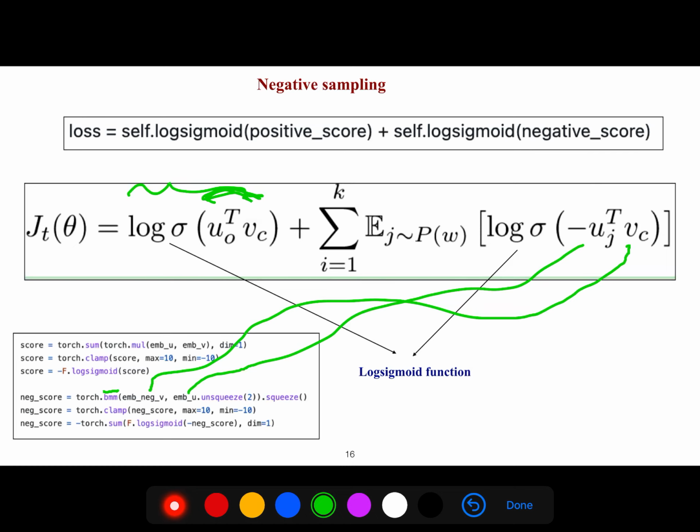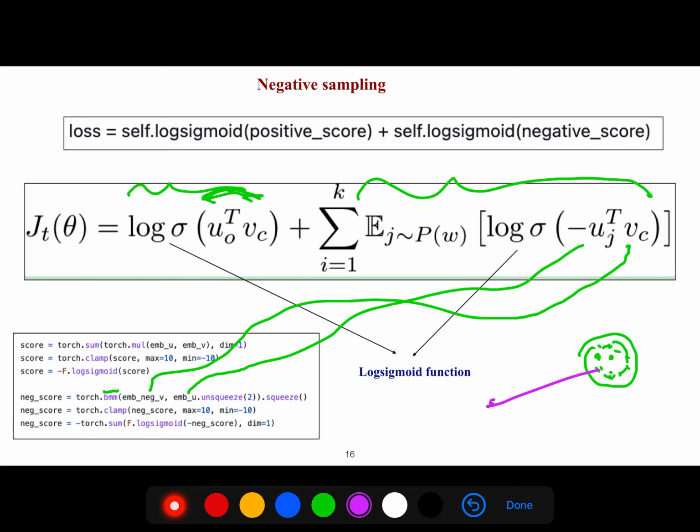So you get the negative score. You want this word with the surrounding words to have a high likelihood, but when there is another word that is very far away, this is negative distance. You want this distance to be as large as possible.